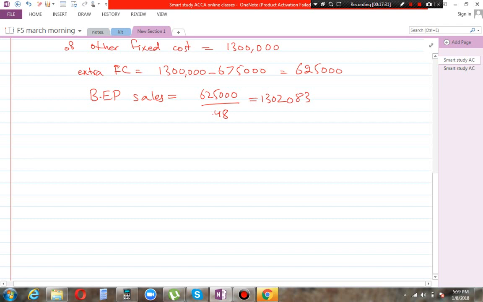This is not the complete answer actually. This is only the break-even sales for the incremental amount that we are selling. So the complete break-even sales should be the previous sales, which was 1.5 million, plus this figure.